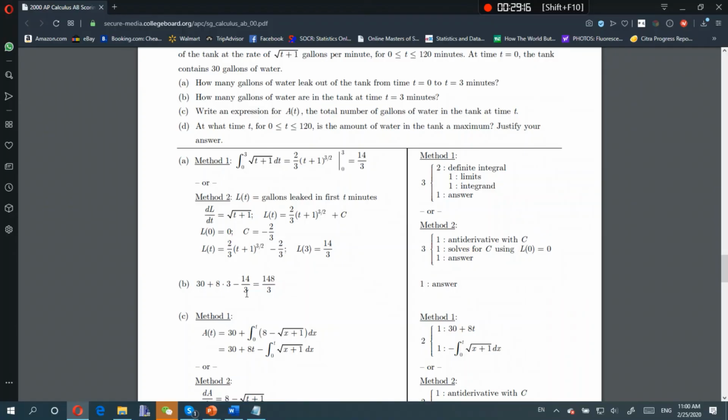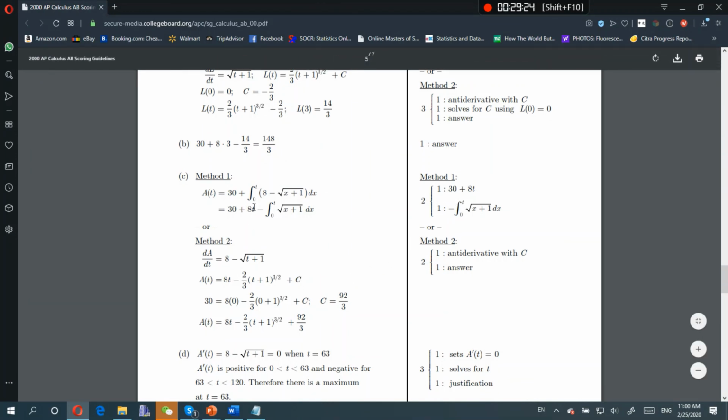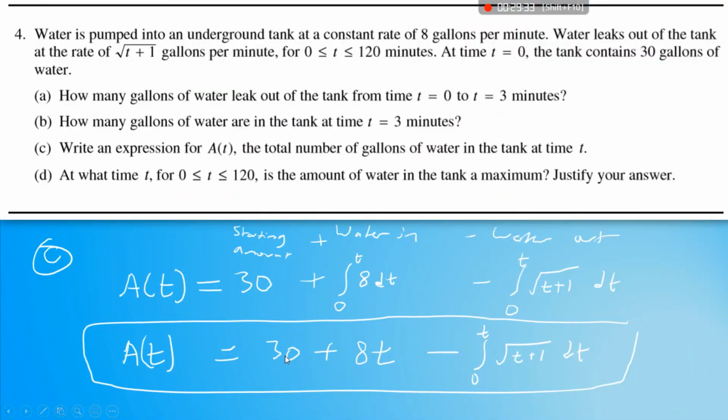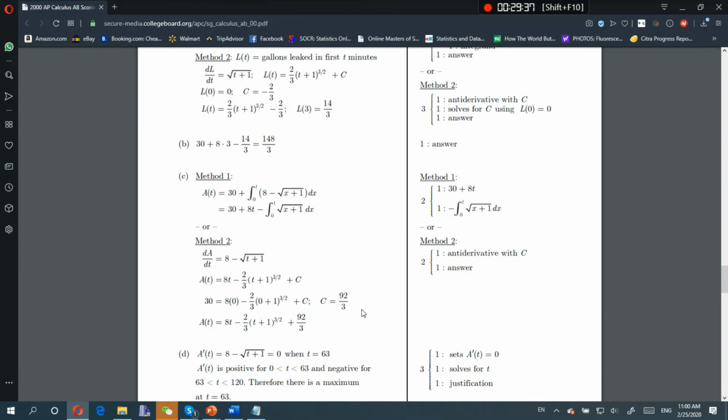Part C, okay, 1 point for 30 plus 8t, and then 1 point for subtracting the integral from 0 to t of x plus 1. Okay, we did that. So 2 points there.